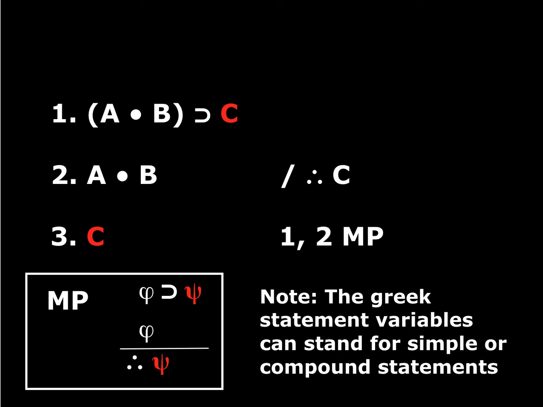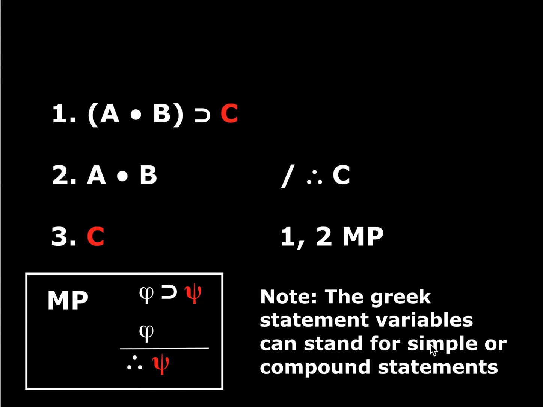Now note something. This came up in chapter 2, but it's relevant here. We're still using Greek letters as statement variables that can stand for either simple or compound statements. So when this says I need a conditional, if phi then psi, the reason we're using these Greek variables is because phi and psi might be atomic.